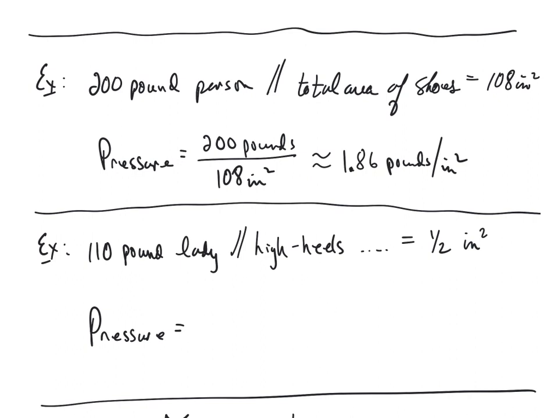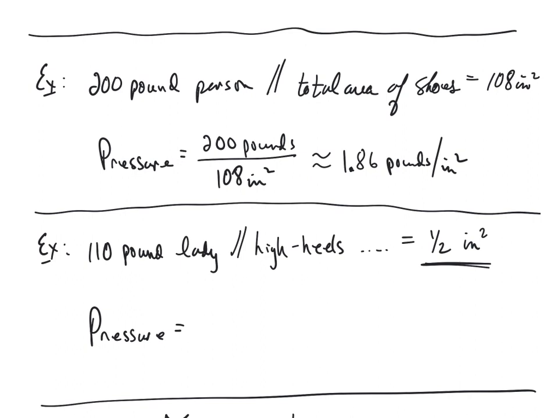Whereas if we have a 110-pound lady in high heels, and the lady in the high heels rocks back onto just her heels, so the total area of the shoes in contact with the floor would be half of a square inch. 1/2 of a square inch.